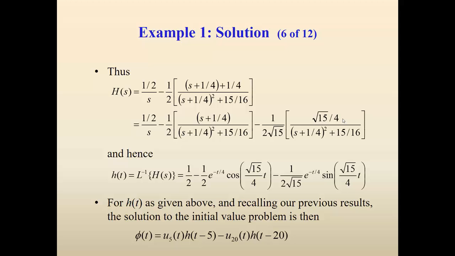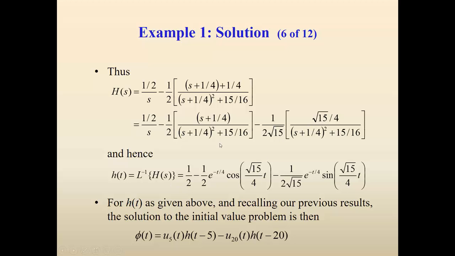Now, the square root of 16 is easy. That's the 4. But the square root of 15, that's not anywhere. So whatever I do in the numerator, I have to do in the denominator. So I have a 1/2 over s minus a 1/2 times s plus 1/4, and so on, minus 1/2. Also include the square root of 15 for my sine term.